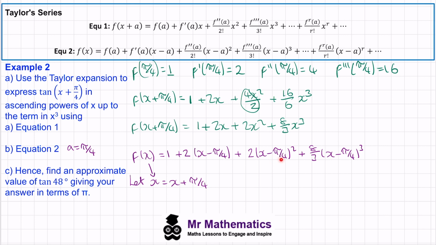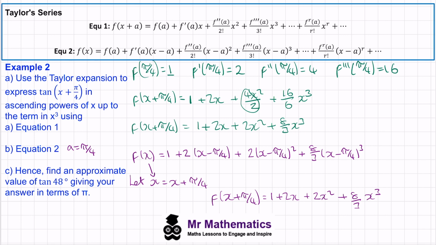And the same will be true in this bracket and in this bracket. So what we get then is f of x plus pi over 4, we've substituted this into here, is equal to 1 plus the 2x, again because this has cancelled with this one, plus 2x squared plus 8 over 3 x cubed. And this is exactly the same as what we've got here.